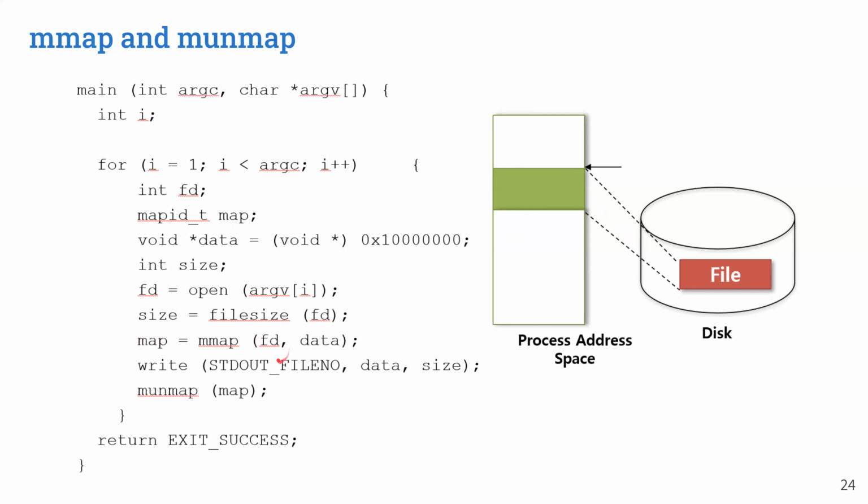This is a file descriptor, and this is a pointer to the data section. What it does is directly map this file content into this memory address space. So when you change the content of the memory space here, it is directly reflected in the file content. You can change the file content by just changing the memory content here. And you can unmap this portion.